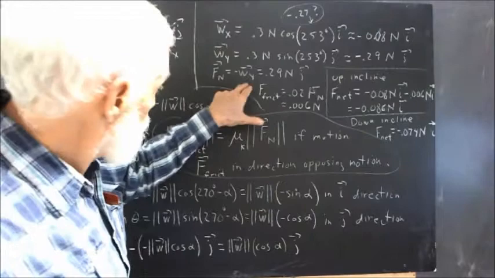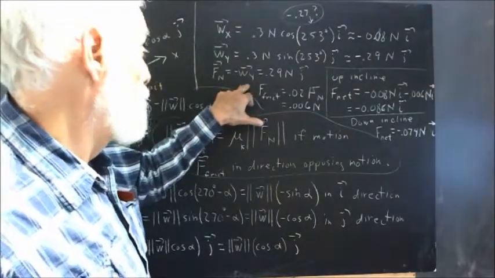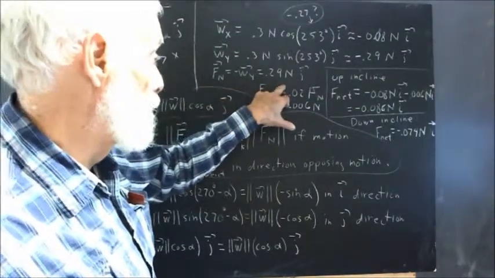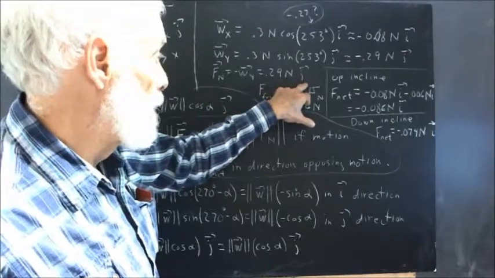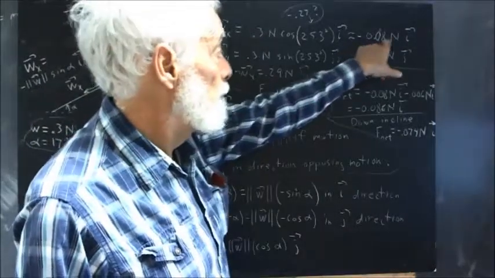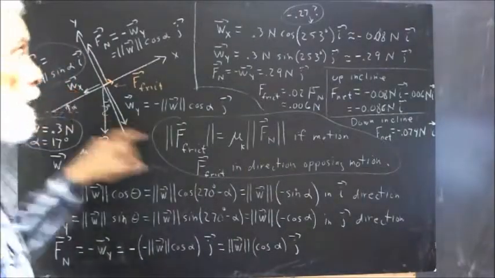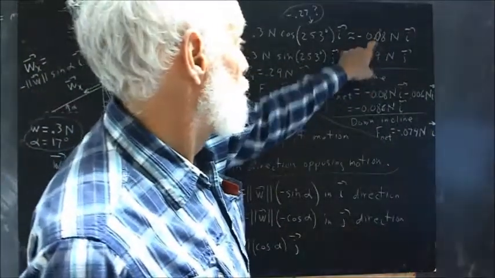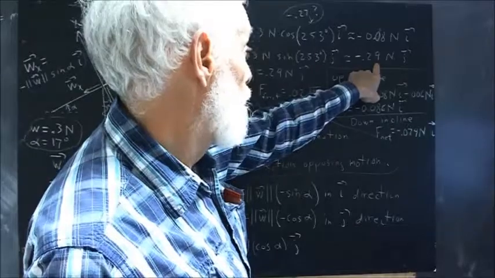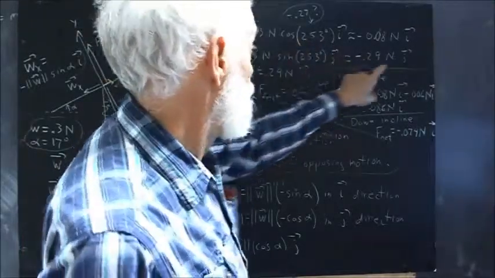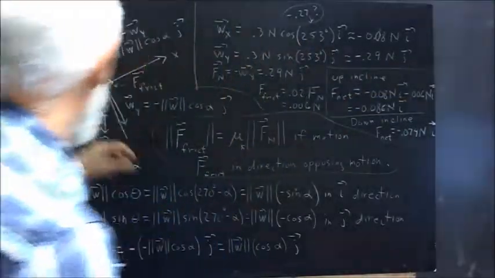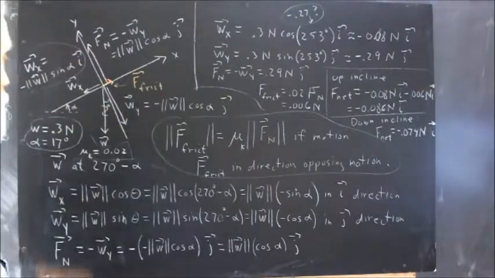Okay, the normal force is going to be negative the Wy force. That's going to be plus 0.29 newtons times J. So we see the negative 0.08 newtons times I. That's going to be your Wx. We see the Wy, which is between 3 and 4 times as great as the Wx, but in the J direction. And that corresponds fairly well to the picture.